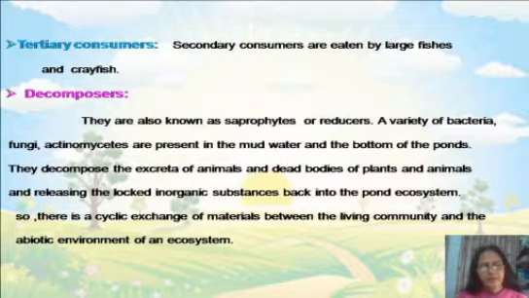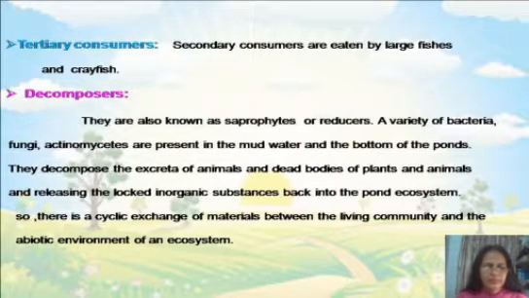So, what are decomposers? They are also known as saprophytes or reducers. A variety of bacteria, fungi, actinomycetes are present in the mud water and the bottom of the pond.